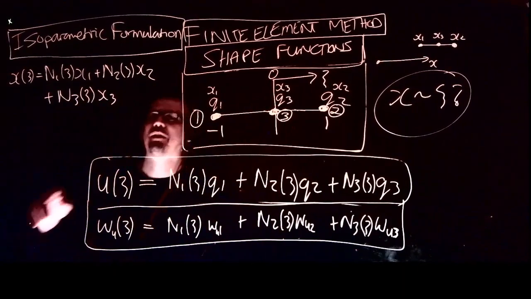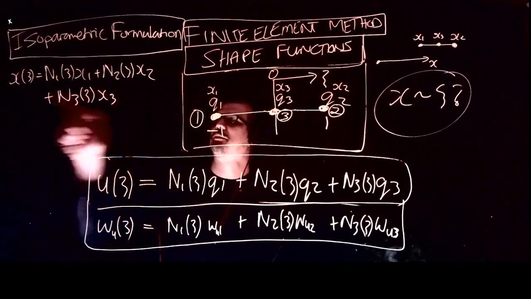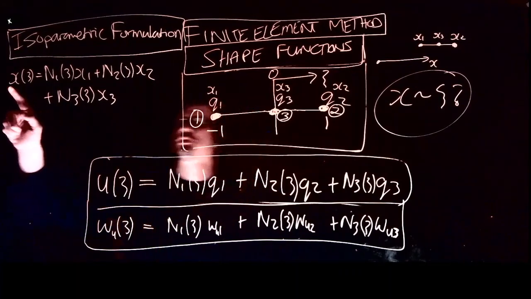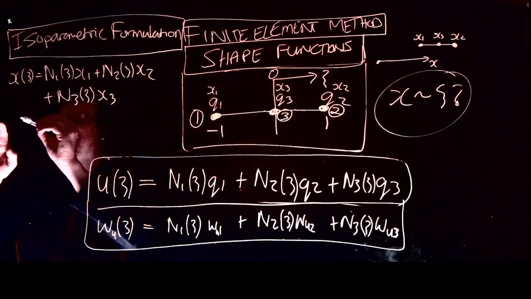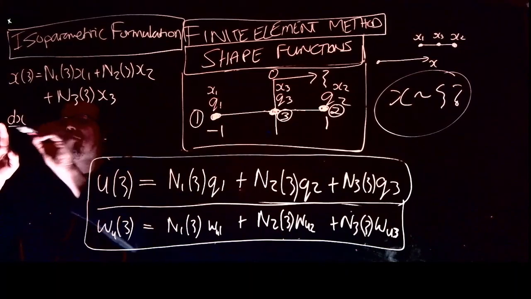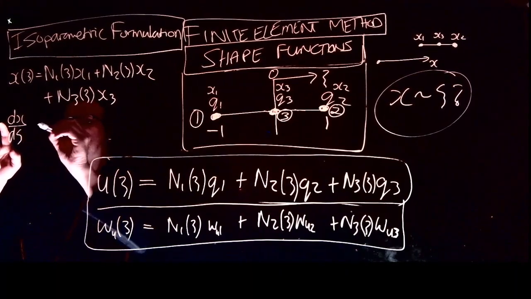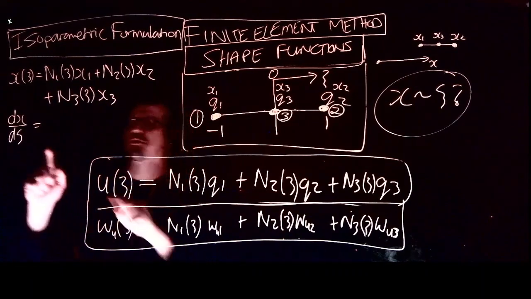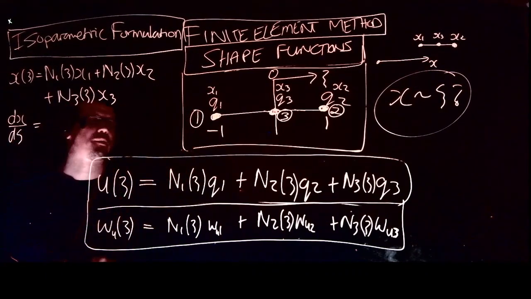And now you can give me any psi, and I'll tell you what its x coordinate is. You see that? What is more important, I can now compute the derivatives as well, dx/dpsi. I can differentiate this expression. And now I know how to relate x to psi.